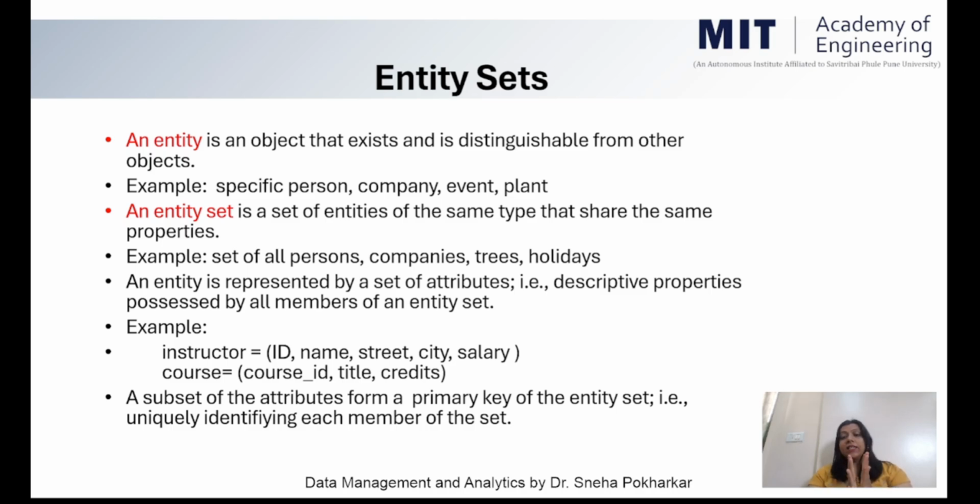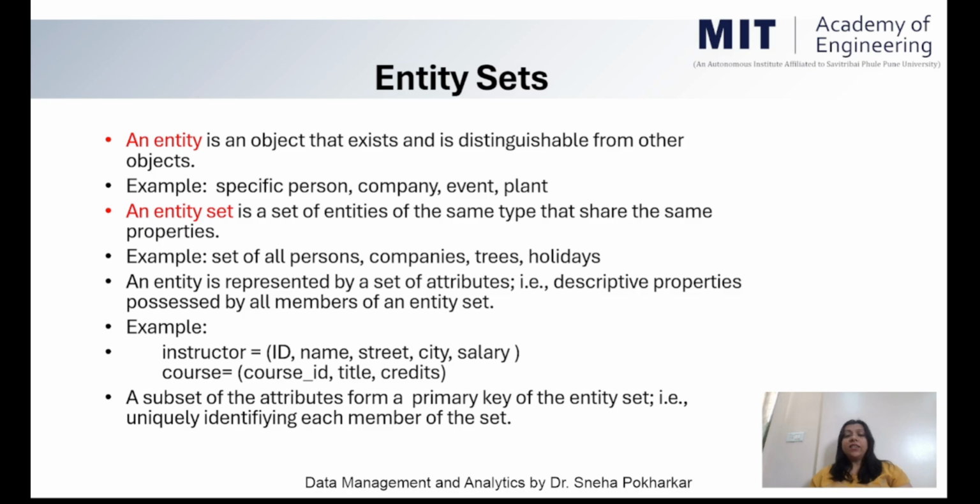An entity has a set of properties, and the values for some set of properties must uniquely identify an entity. For instance, a person may have a person ID property whose value uniquely identifies that person. A person may have an Aadhaar card number which uniquely identifies that particular person, like this.